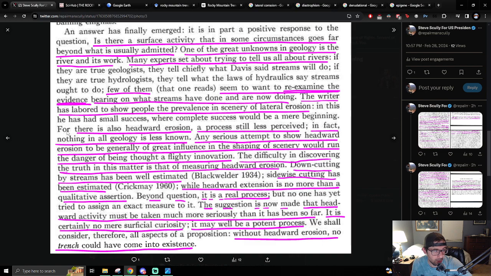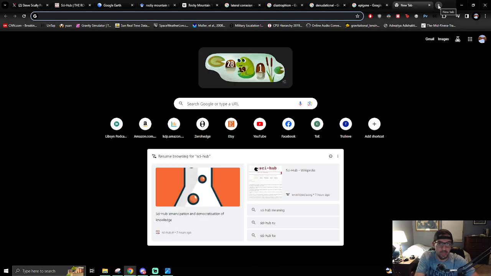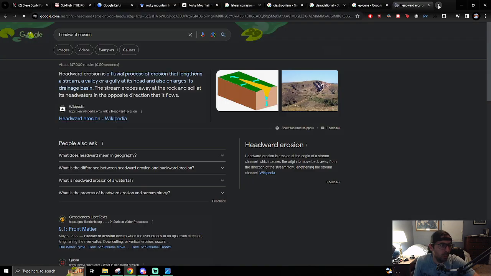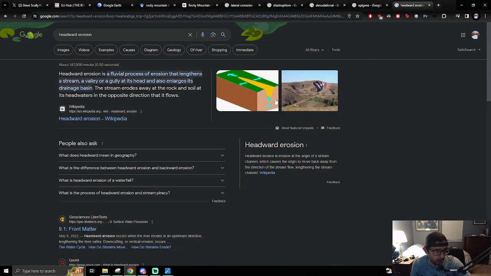And then they go on to talk about there's also headward erosion, which is at the front of the current. So this one's probably worth just kind of looking at it like this.